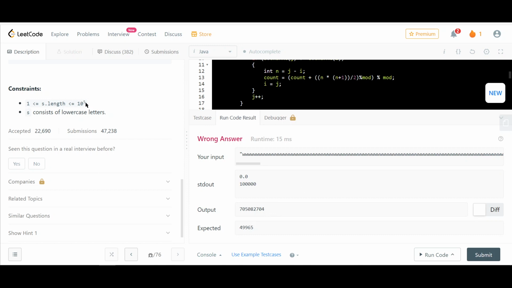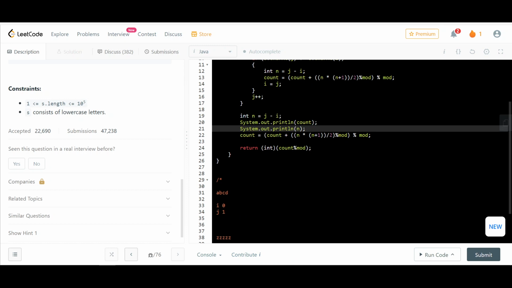Basically it's the limit 10 to the power 5. So 10 to the power 5, and now how much answer can you get out of 10 to the power 5?